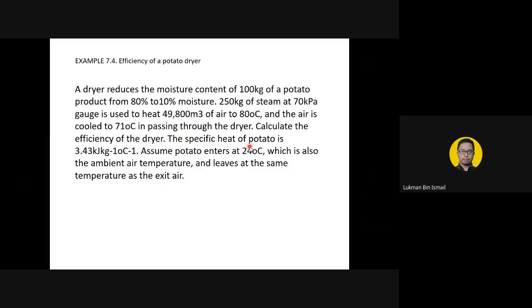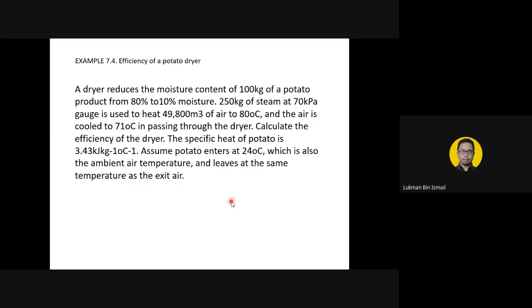The specific heat of potato is given as 3.4 kilojoule per kilogram per degree Celsius. Assume potato enters at 24 degrees Celsius, which is also the ambient air temperature, and leaves at the same temperature as the exit air, which is 71 degrees Celsius.